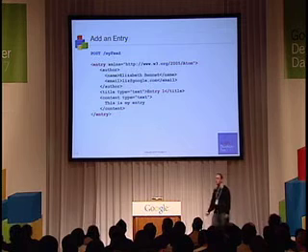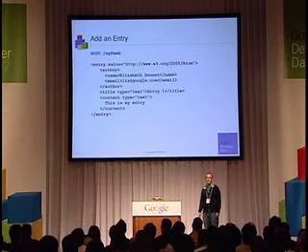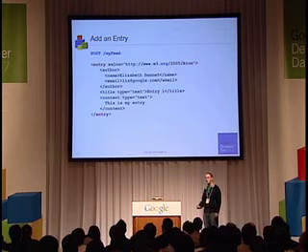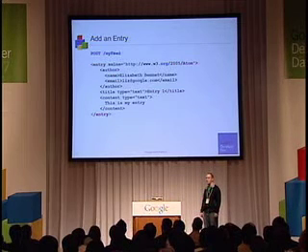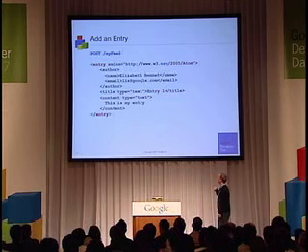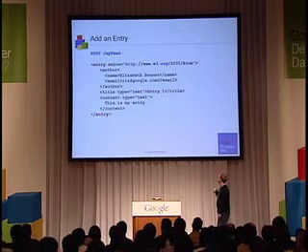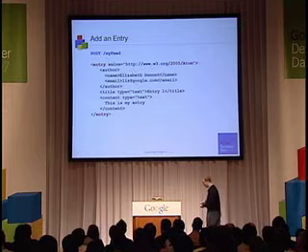This actually doesn't use anything specific to Google Data APIs. This uses the XML elements that are common across all Atom entries. So in this case, we're specifying the author, their name and email address, and we're also specifying the title of this entry and the content. Very simple.